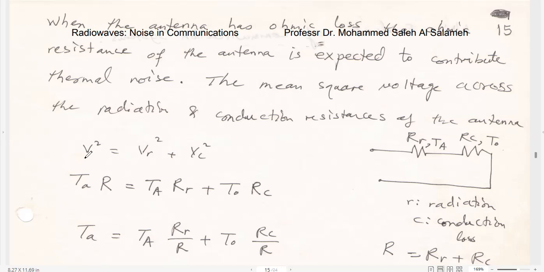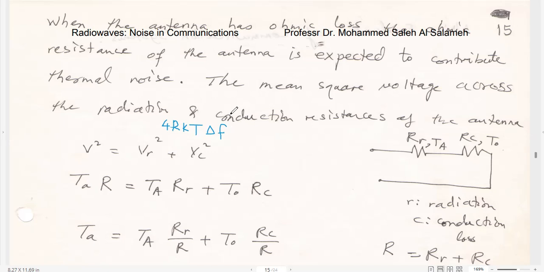So V squared, the total voltage squared, is equal to V radiation squared plus V conduction loss squared. Now V noise squared, we remember, was 4 R T delta F K, the thermal noise squared.